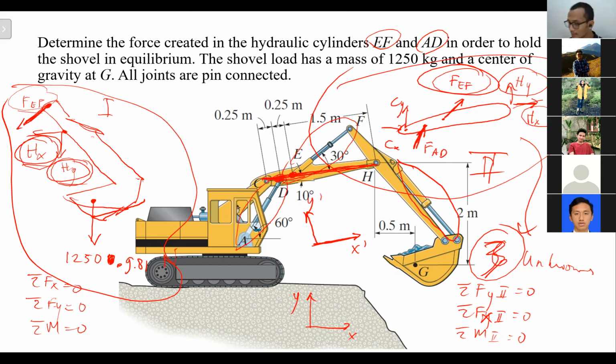So later here, instead of using Hx and Hy, we can use Hx accent and Hy accent. So you don't have to use Hx and Hy there.